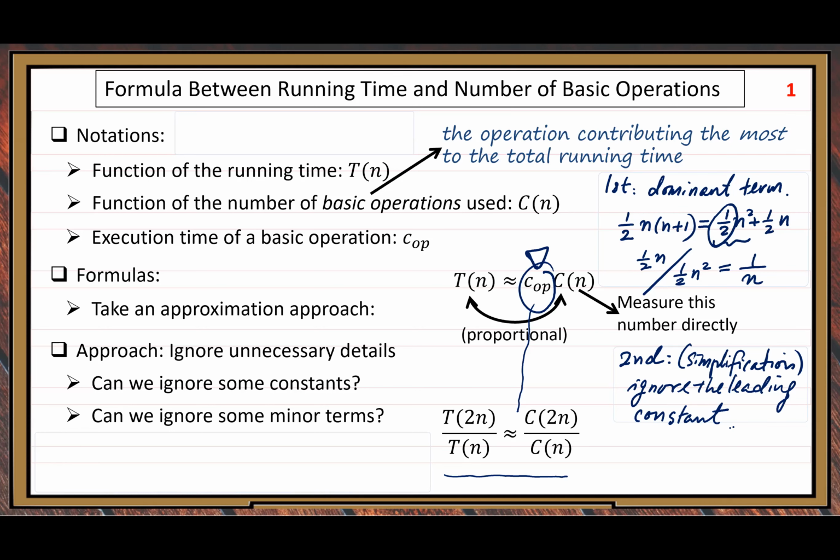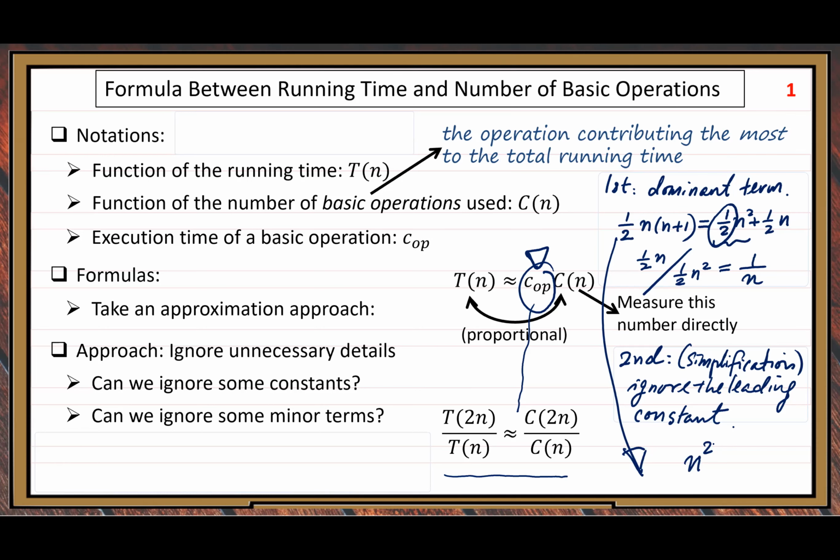After these two rounds of simplification, we get our new concept, the growth function concept. That function is called the growth function after two rounds of simplifications. For this example, the growth function is n squared.